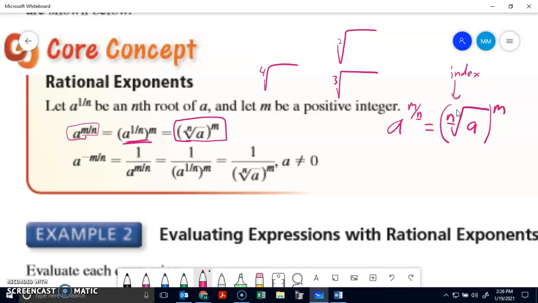So the denominator is the index, and the numerator is the exponent. A simple example: 3 to the 4/5 would equal the 5th root of 3 to the 4th power. Notice the denominator is your index number, the numerator is your exponent. That's what this rule means.